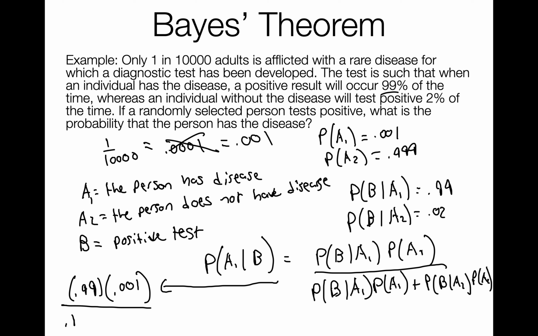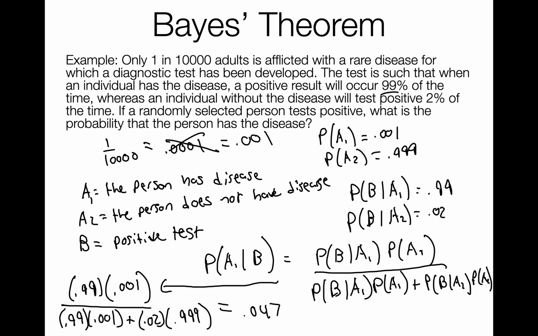Okay, that's again the first part, plus B given A2, which is 0.02, times the probability of A2, which is 0.999. Okay, and so when you do that calculation, the number that comes out is 0.047. Okay, 0.047 is the final answer.